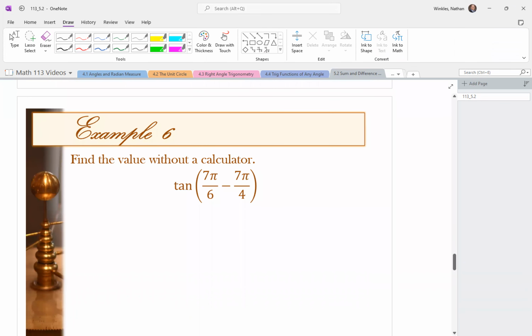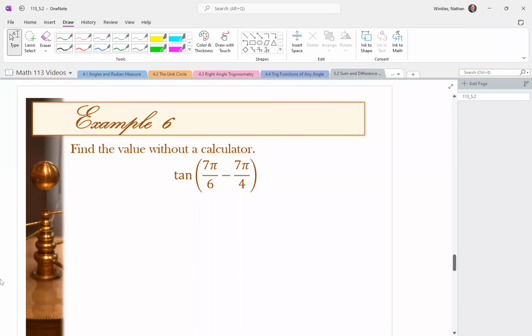So we're told, find the value without a calculator. So what we want to do here is plug into our formulas.